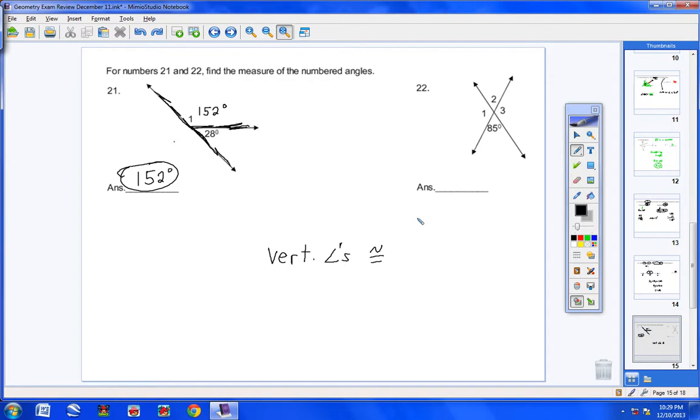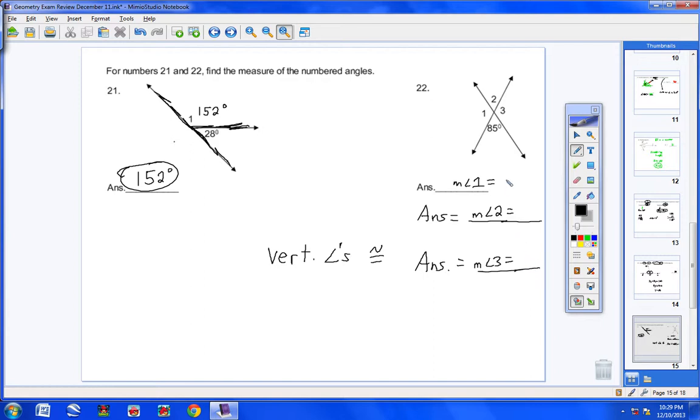So really I should have had 3 answer blanks here. On the exam, I'll make sure and be a little more specific. I should have had the measure of angle 1 equals, the measure of angle 2 equals, and the measure of angle 3 equals.